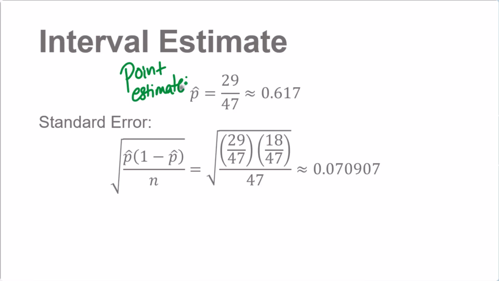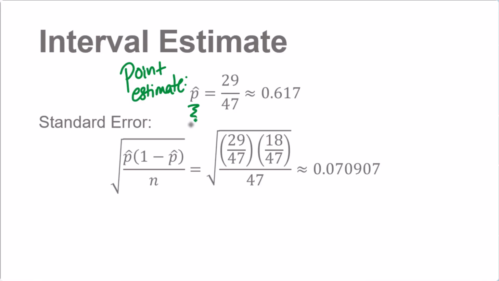The standard error here, or at least our approximation of the standard error, is going to give us an idea of how spread out are p hats from different samples. So here we got 0.617.